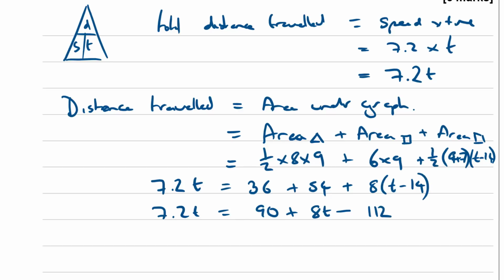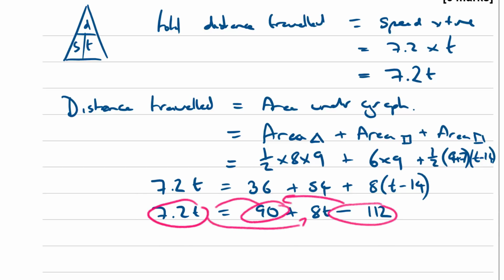Now rearranging, so I've got all the t's on one side and all the numbers on the other. I think it would be easier to collect t's on the right, keep it positive, and then numbers go to the left. So I'm going to get 112 minus 90 equals 8t minus 7.2t.